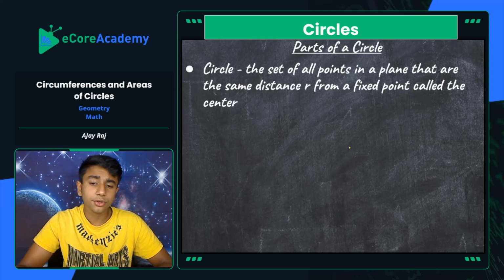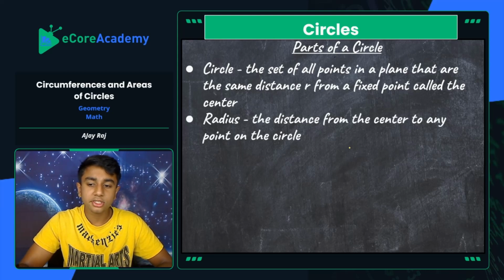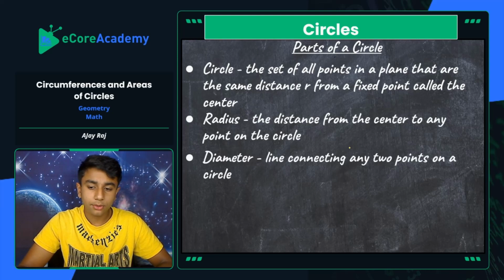A circle is basically the set of all points in a plane, a plane being a two-dimensional outlook, that are the same distance r from a fixed point called the center. And r is representative of a radius, which is the distance from the center to any point on the circle. And of course, you have your diameter, which is a line connecting any 2 points on a circle.